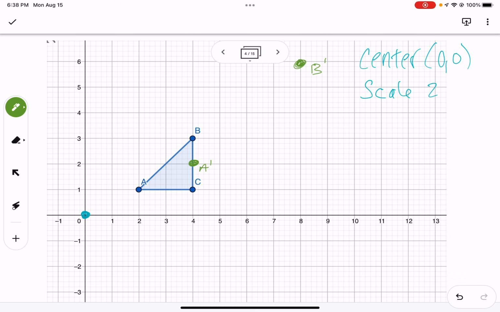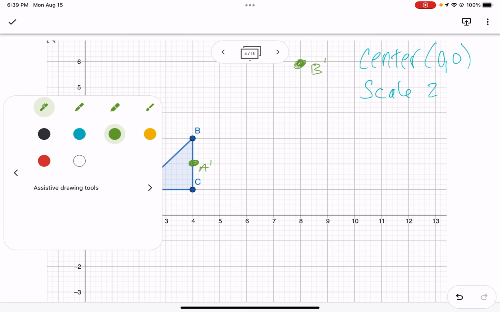How about C? C is only 1 unit away from the x-axis, a lot like A. So that means that they will be close together on the same plane here. And then laterally is 4, just like B. So that means it's going to have to be right here, right? So double the height, double the distance laterally.